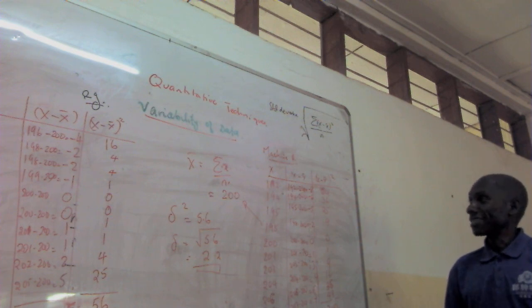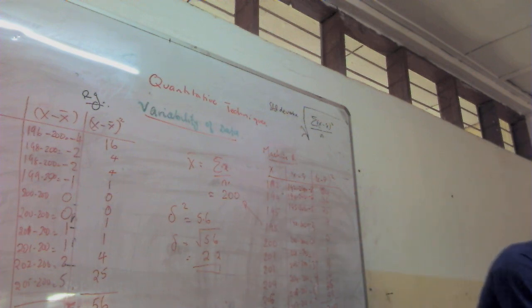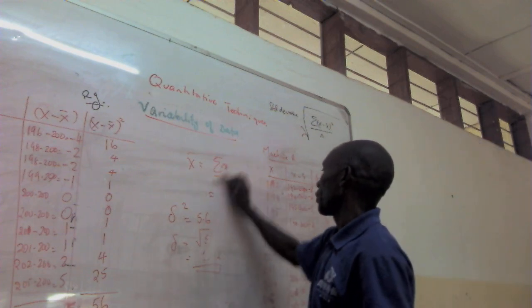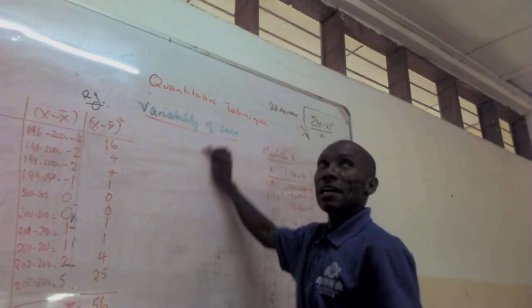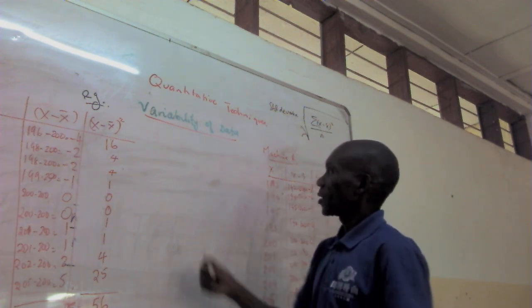Now, let's see which machine is more reliable, that you can depend on. If you are given two machines, the reliability of machines will depend on the variance.